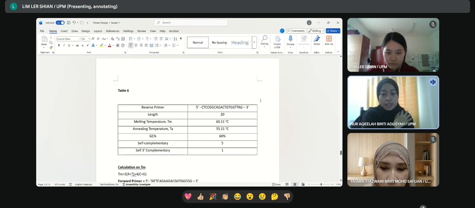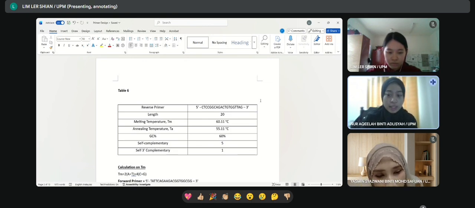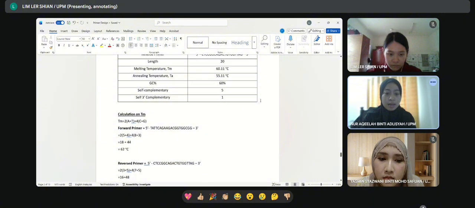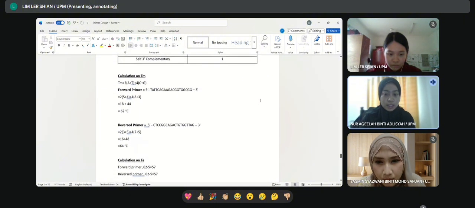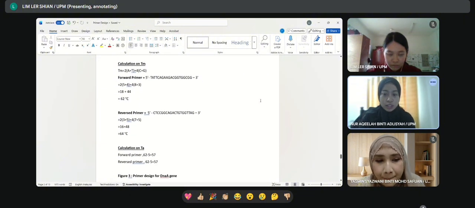And to satisfy our requirement for Ta, we calculated the annealing temperature using the formula Tm minus 5, which gives us a Ta of approximately 55.1 Celsius. So it ensures efficiency and synchronous binding for both of the primers.